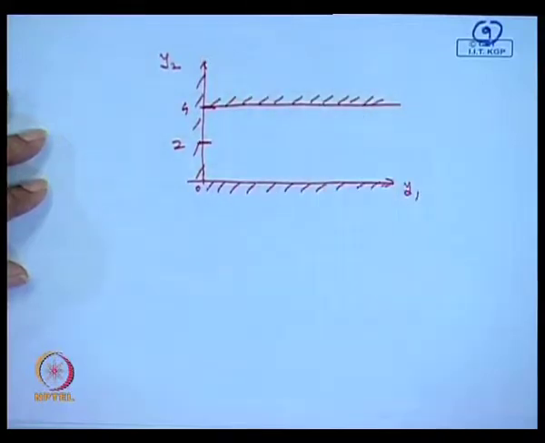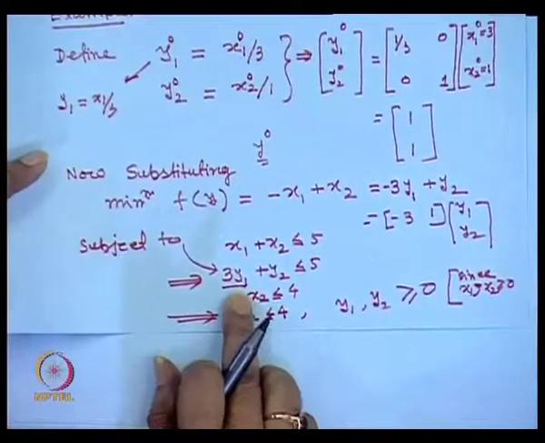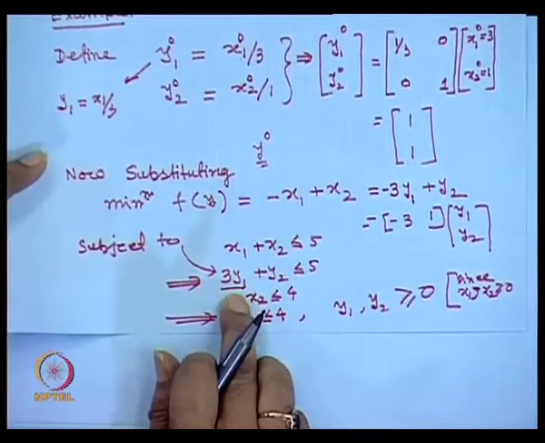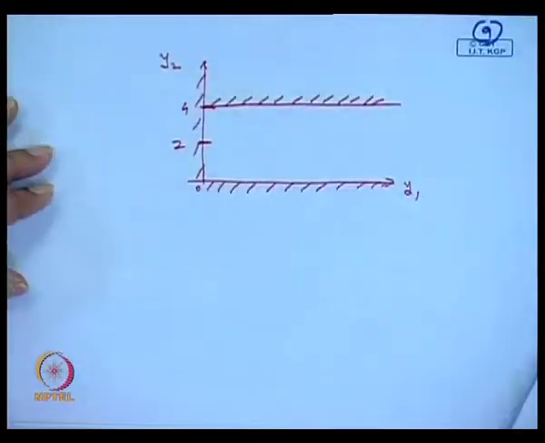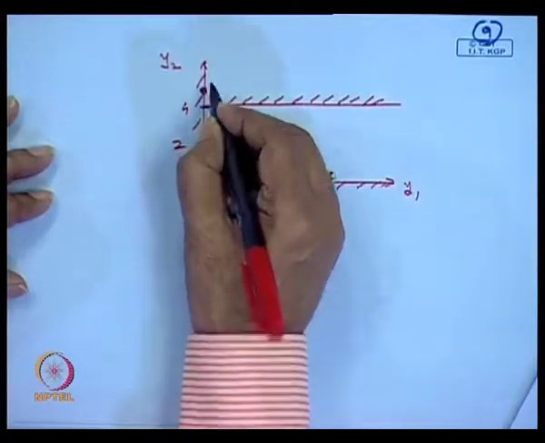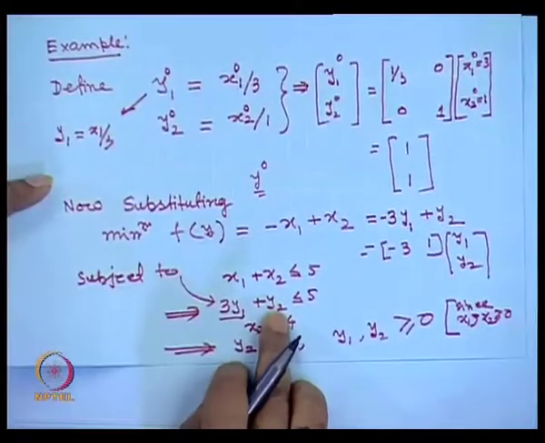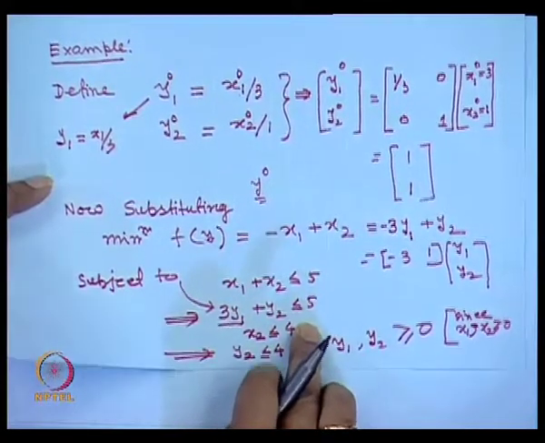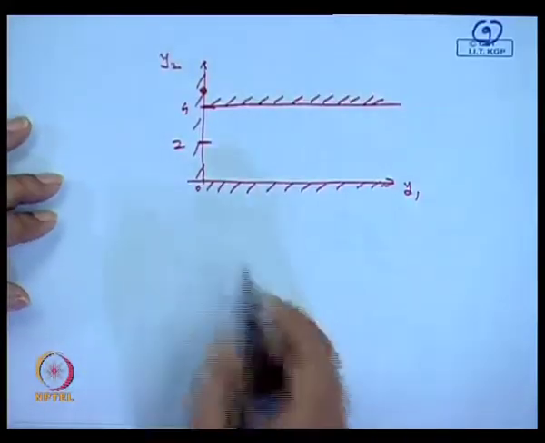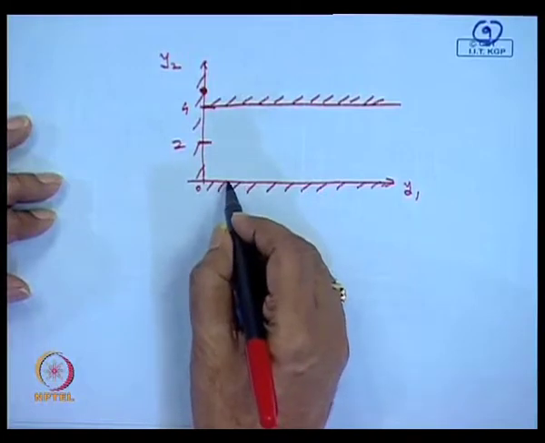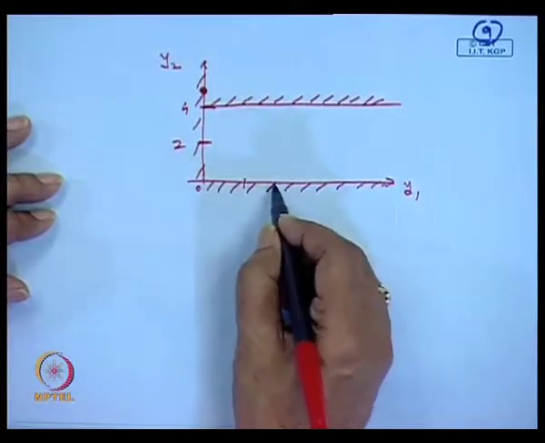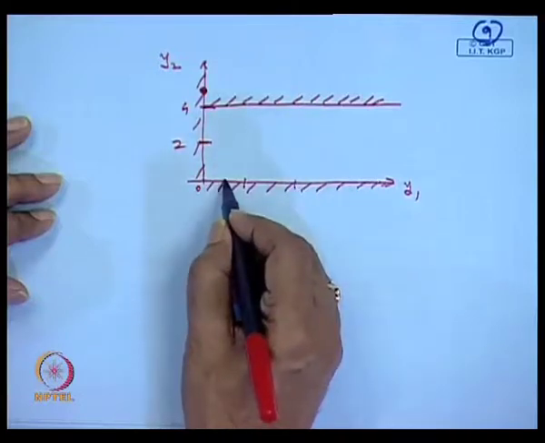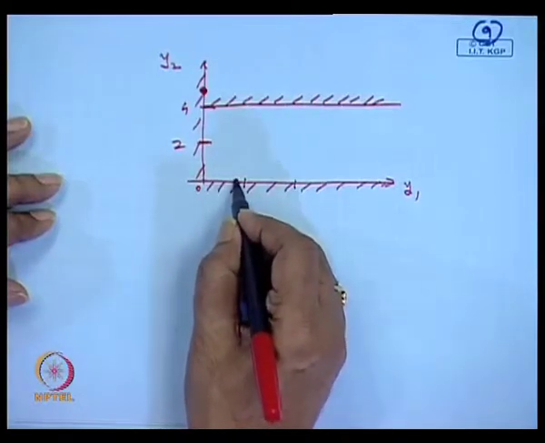And our inequality constraint, you see this one, 3 y 1 plus y 2 equals 5. Let us say y 1 is 0, then y 2 is 5, here. Then y 2 is 0, then y 1 is 5 by 3, that means 1.66. So, this is 1, 2, then 4, and this is 1, 1.6 maybe here.